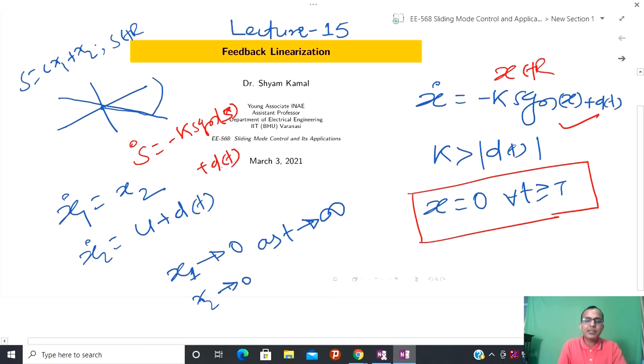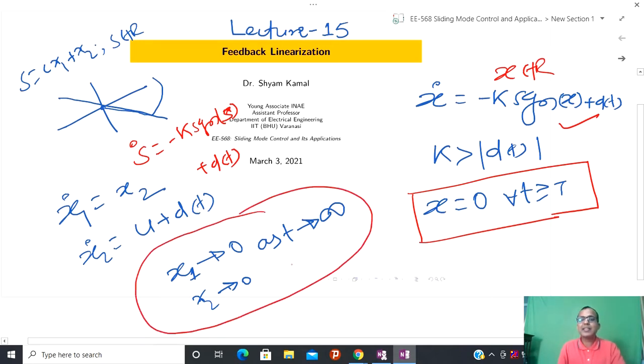Then what we found is that in this particular case I just get some kind of convergence that is called asymptotic convergence, that is asymptotic stability. Similarly, similar things I can tell for third order, fourth order, or nth order.